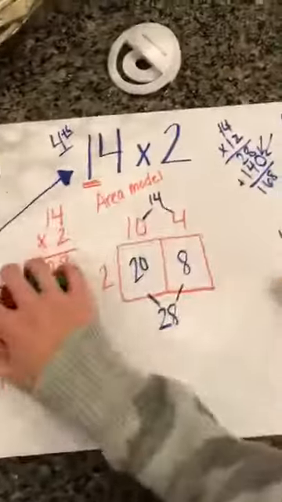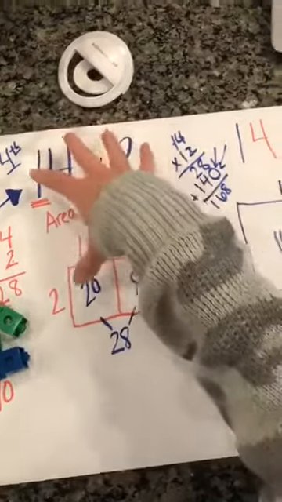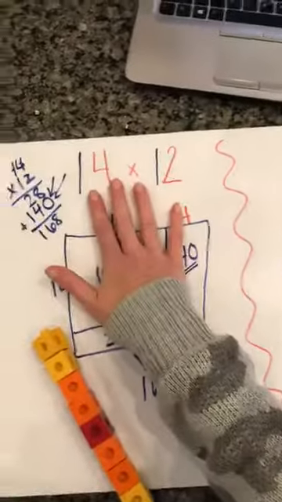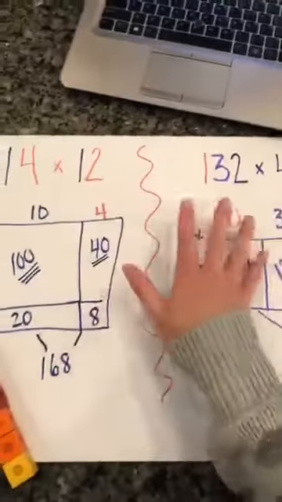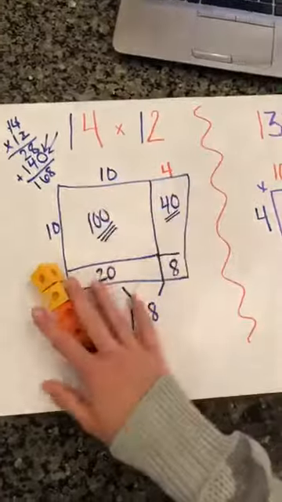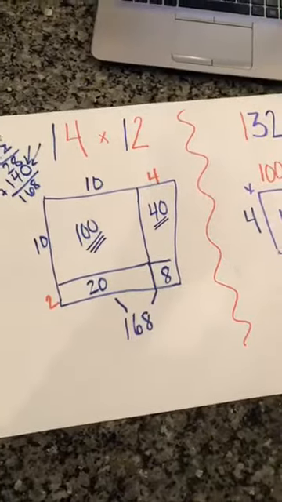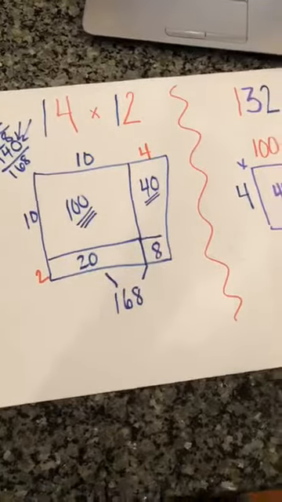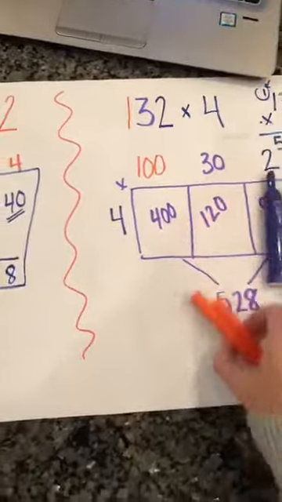To eventually being able to think of a 2-digit number by a 1-digit number, to then go into a 2-digit by a 2-digit, to then go into a 3-digit by a 1-digit, or vice versa, okay? Please know that every single step in understanding place value is so vitally important for our kids to truly understand and conceptually understand what they're doing, because when it's really going to impact them is come division time.